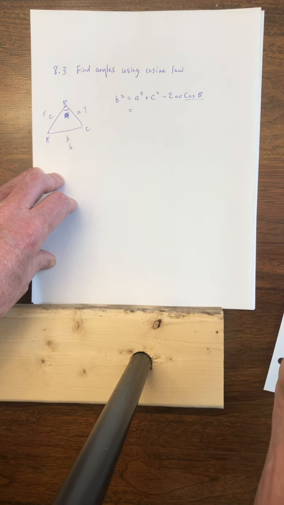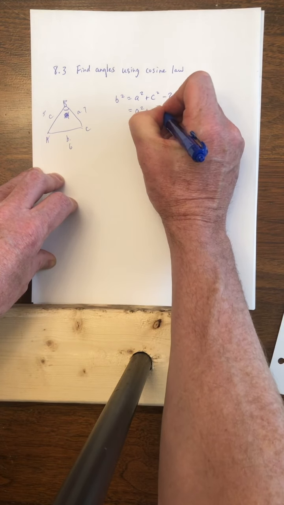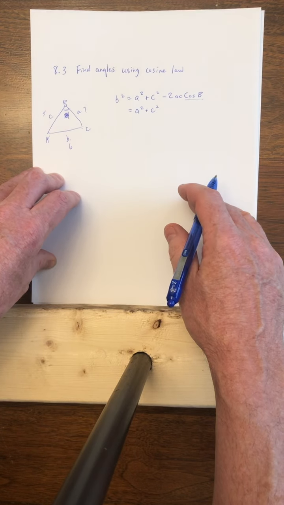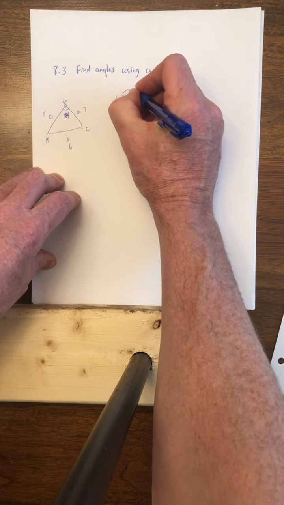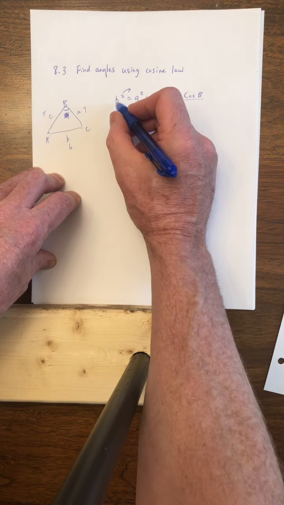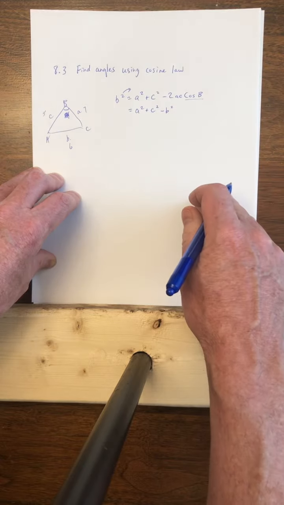In rearranging this formula, my A squared and my C squared are going to stay right where they are. I want to move two things initially. I want to move the B squared to the other side of the equal sign, so that positive B squared will become a subtract B squared.